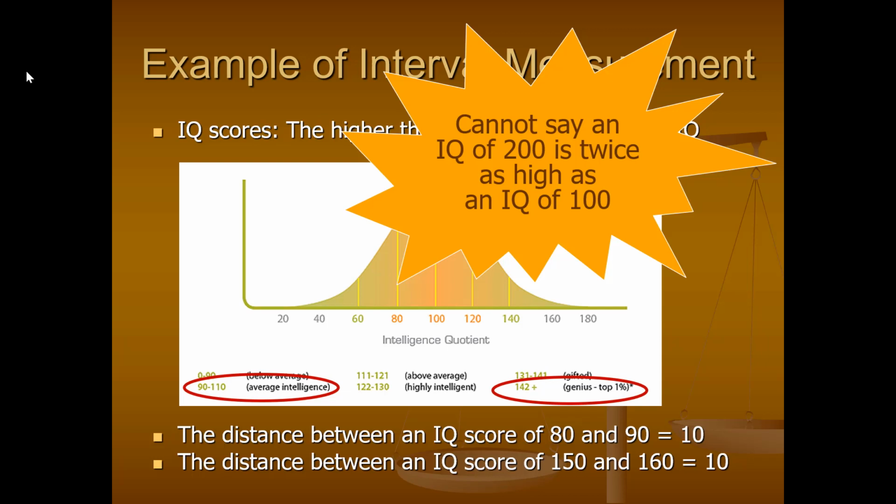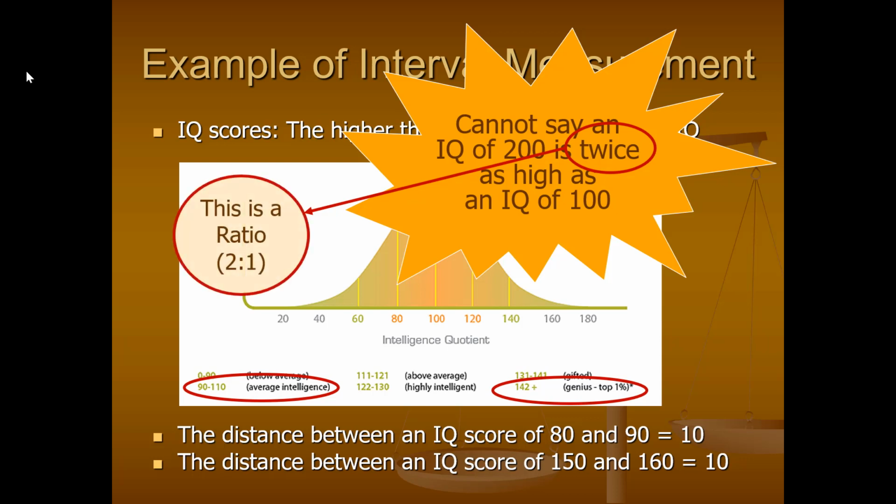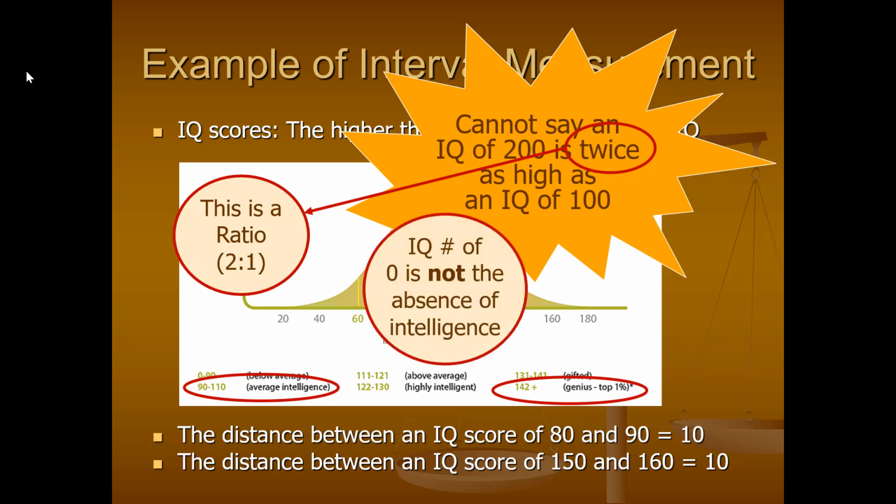They're extremely more intelligent. So as I said, when we want to make statements like twice, that's a ratio. We're saying in this case 2 to 1. But we can't make statements like that because an IQ number of 0 is not the absence of intelligence. Okay? So that 0 is not what we call an absolute 0.